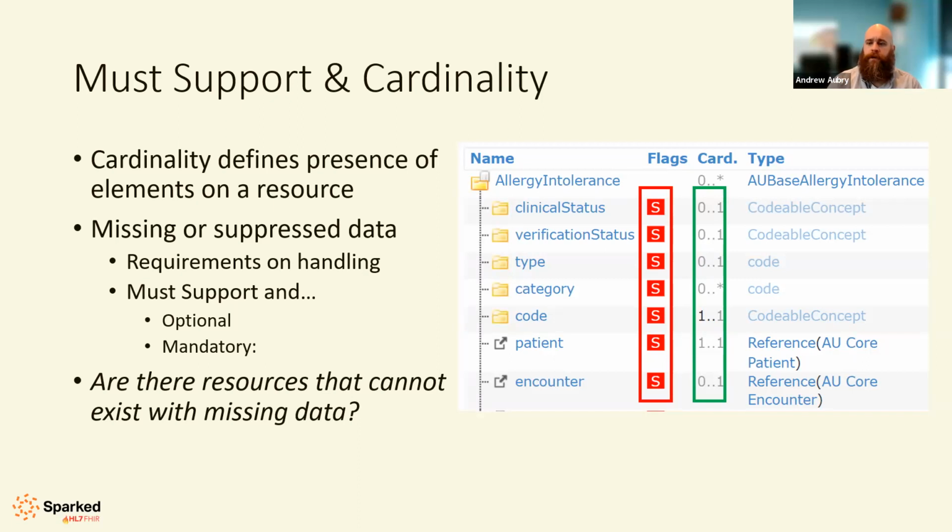And it does bring up the question of, are there resources that conceptually can or should not exist without that missing data? Is an allergy intolerance resource truly valid logically if it has unknown for both code and patient, for example?